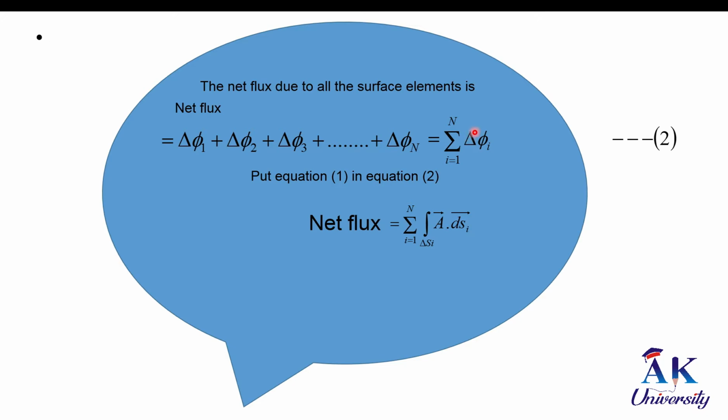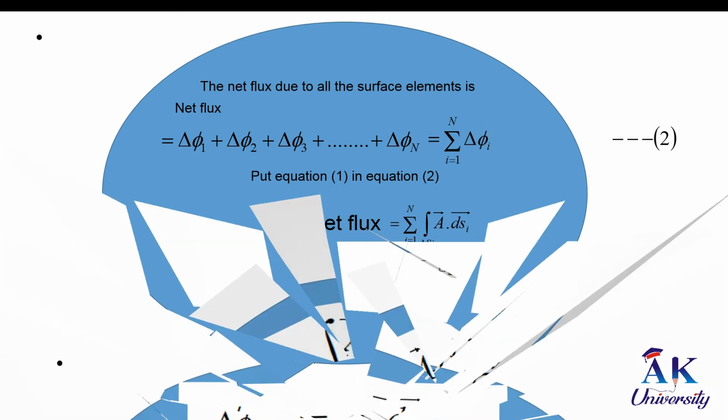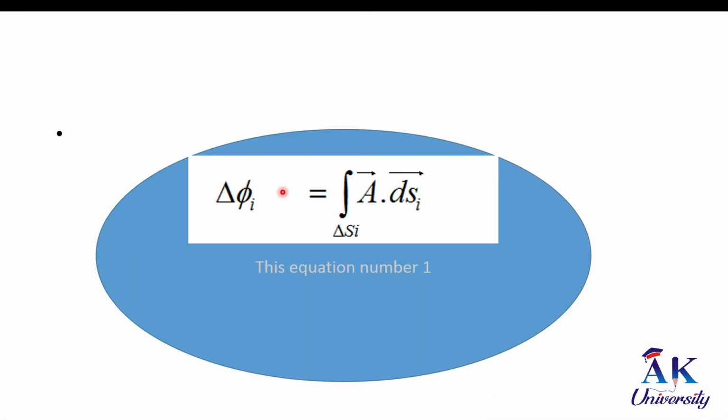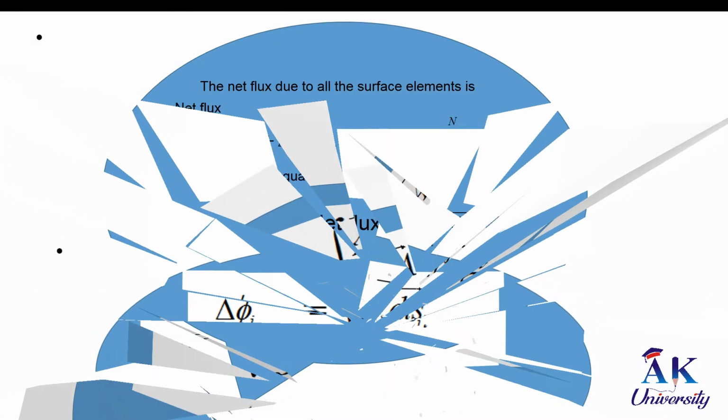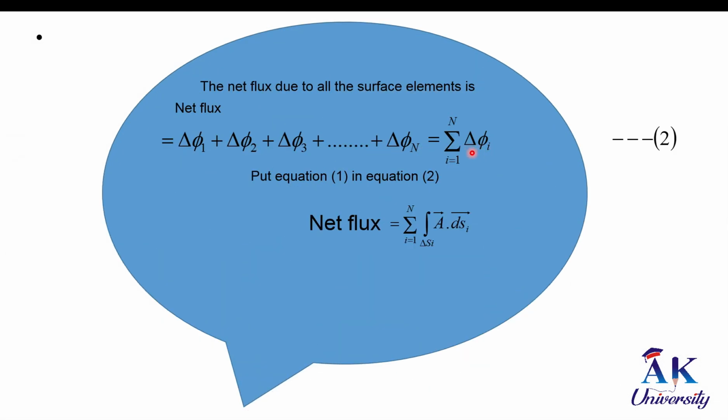This delta phi i is equal to the previous equation, the surface integral of vector A. So we put the value of delta phi i, that is, put equation 1 into equation 2, so the net flux is equal to the summation of the surface integral of vector A.